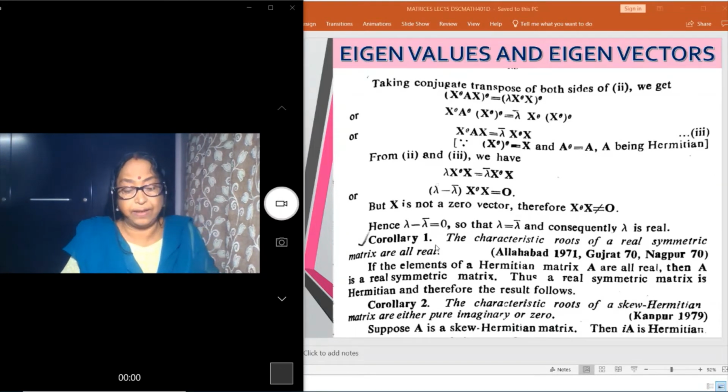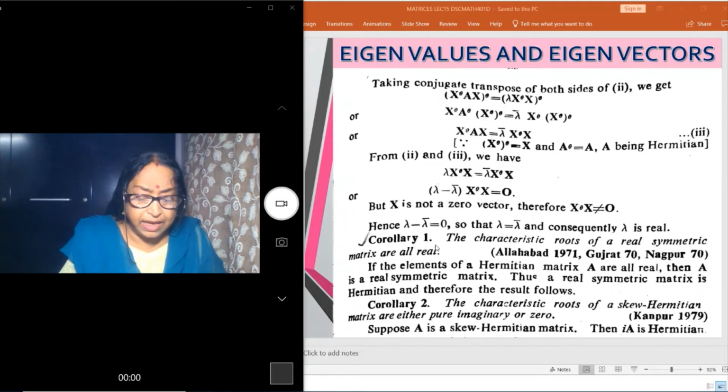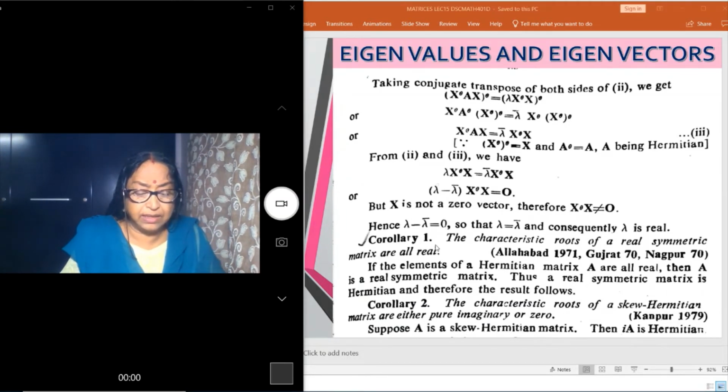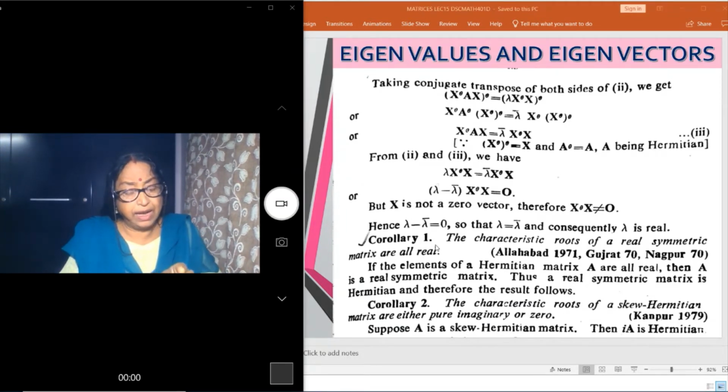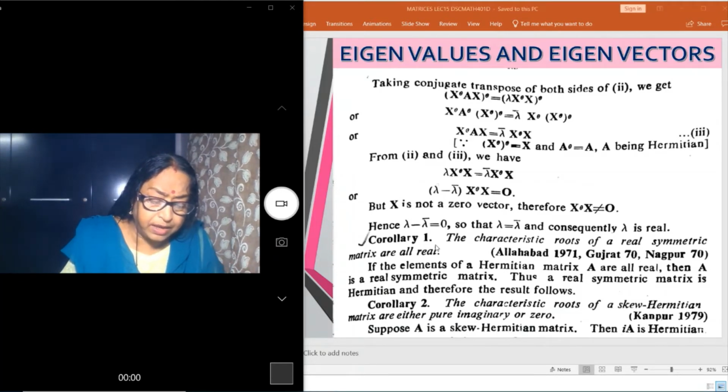So x theta A theta, it comes from the last to first. And here, since lambda is a constant, x theta can be written as lambda bar x theta.